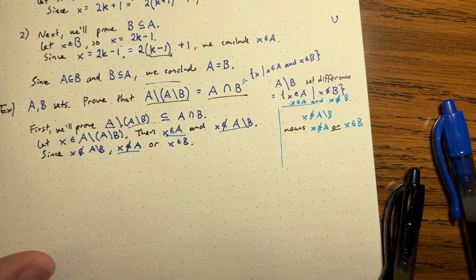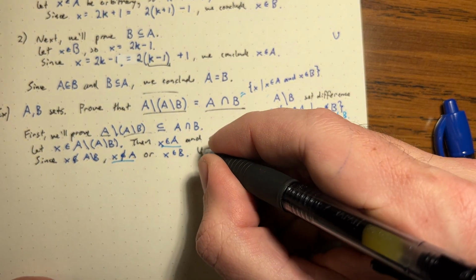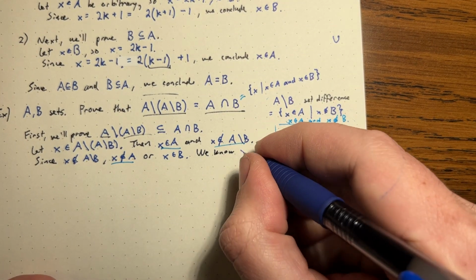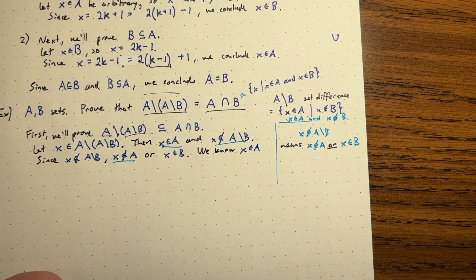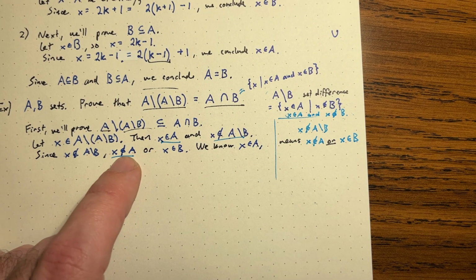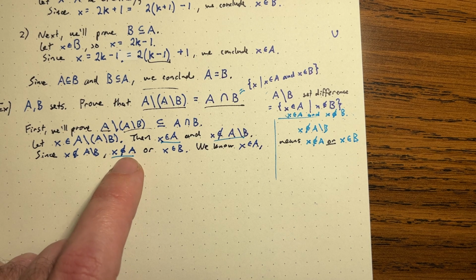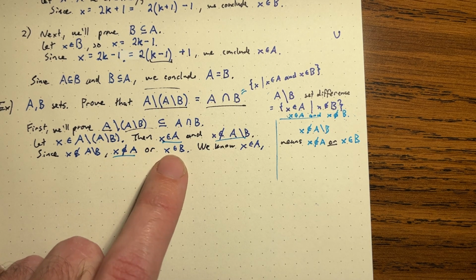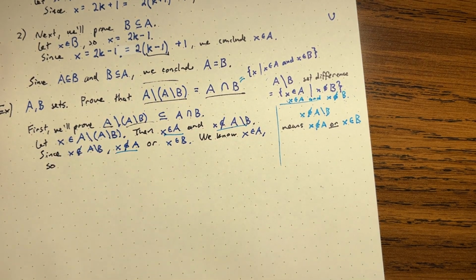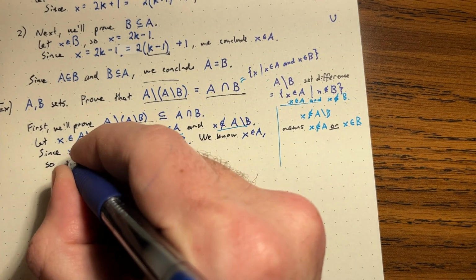It would contradict that. So we know x is in A, which means x must be in B, because this is an OR, and we know this part of the OR is false. So for this to be true, we need x to be in B.